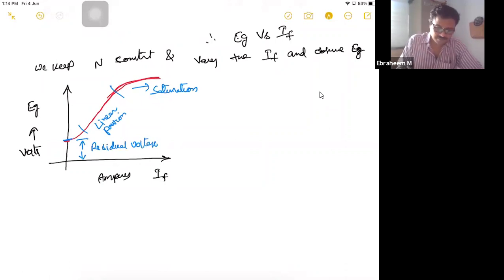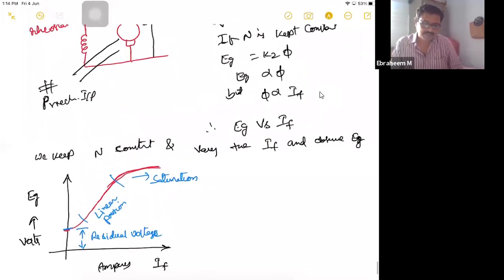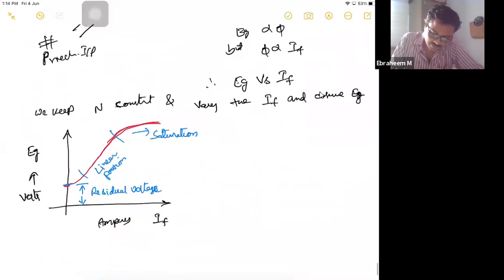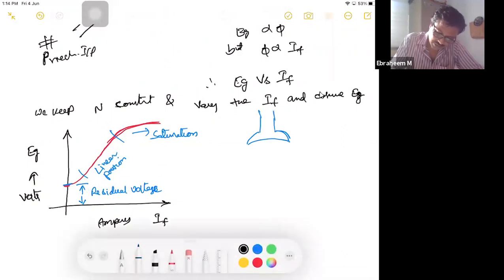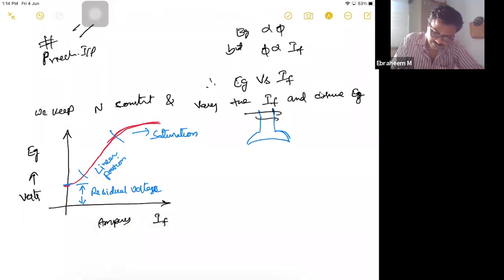See, in a self-excited generator, what does the field system have? The machine has field poles, right? So what are field poles? You have a field winding, right? For this you give voltage.